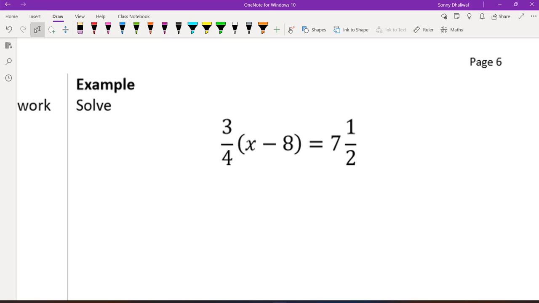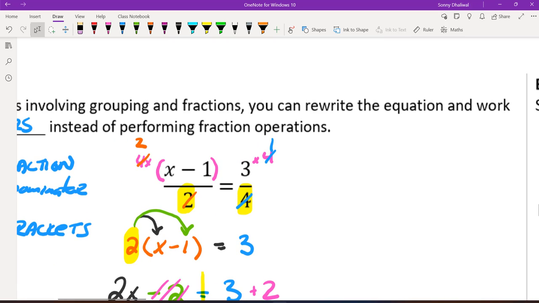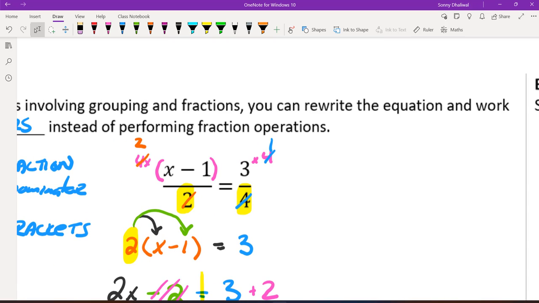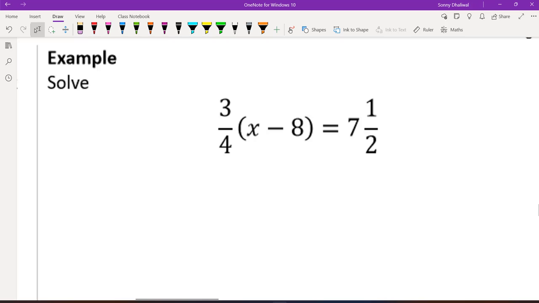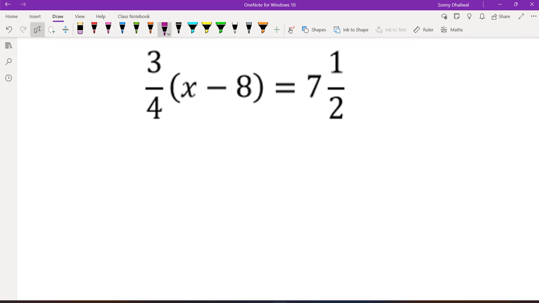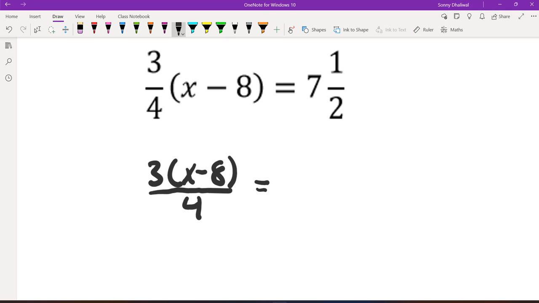So I'm going to rewrite this to make it look like what we have here, because this is a little bit nicer way to see things. So I take this 3 and take this x minus 8, because they're both in the numerator here. Then I'm going to put this over 4, the denominator. So it all looks like one nice big fraction. Right? And we're going to clean up the right-hand side as well.